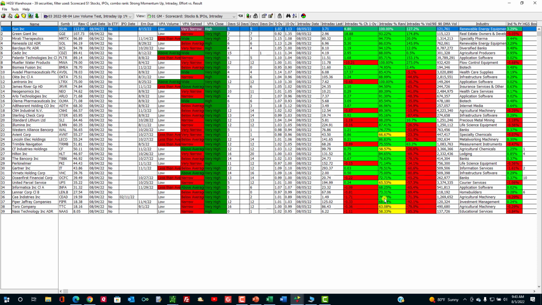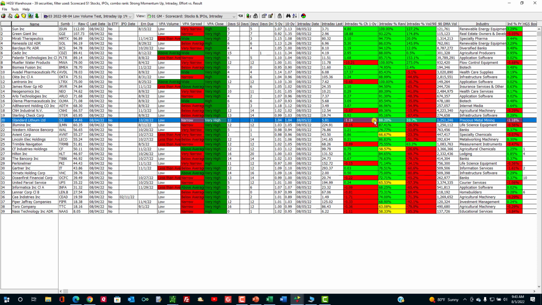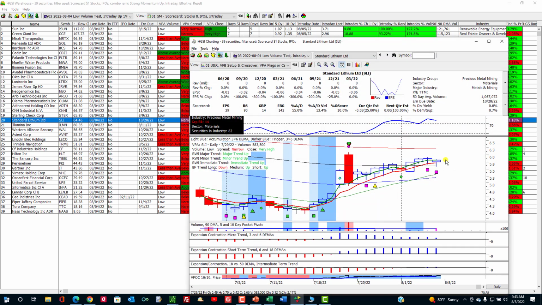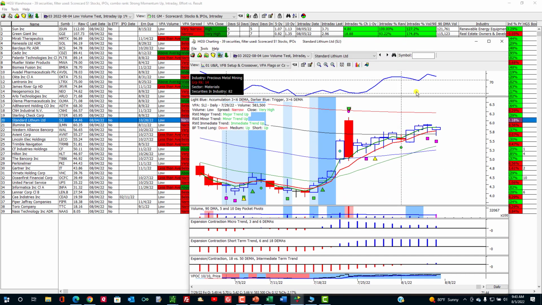Now notice all these negative numbers here, but then look over here at the column, the percent range. You can locate these stocks that gap down and are now showing strength. Let's take a look at Standard Lithium here. It's still down $1.19, but it's at 88% of its range, and volume is above average. Let's take a look.